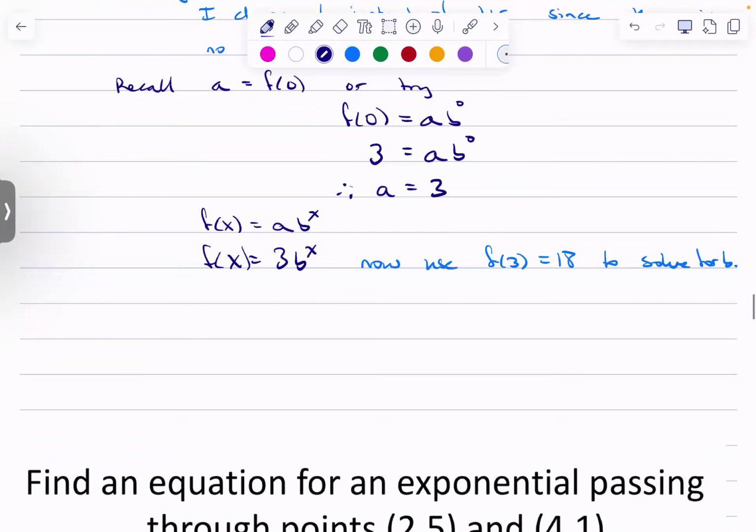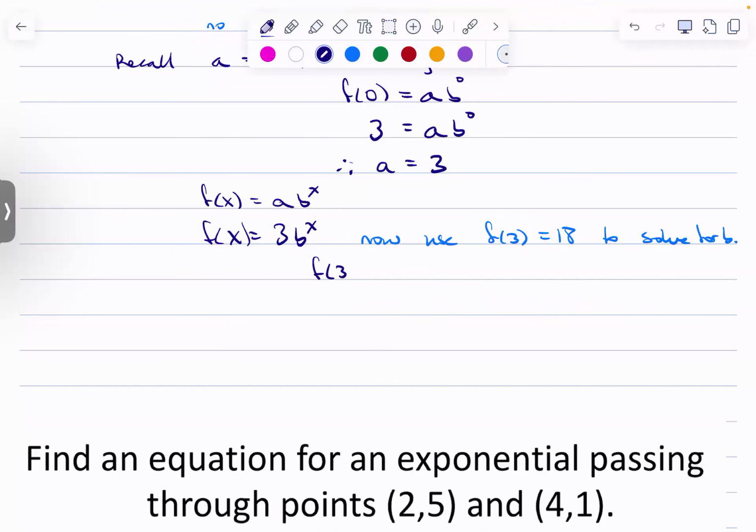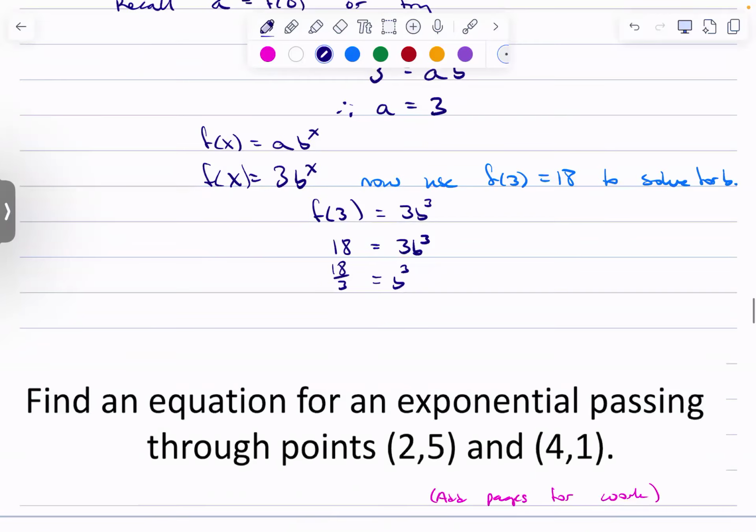F of 3 is 3b to the 3, which means 18 must be 3b to the 3. How are we going to solve this? I have to first divide both sides by 3, so 18/3, which is nice. So that's 6 is b to the 3.